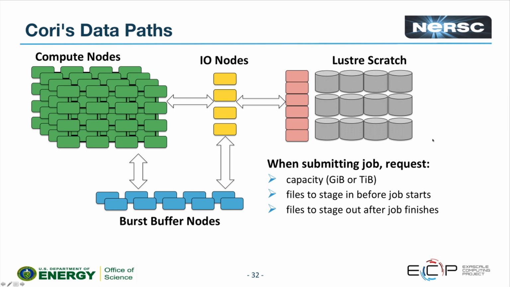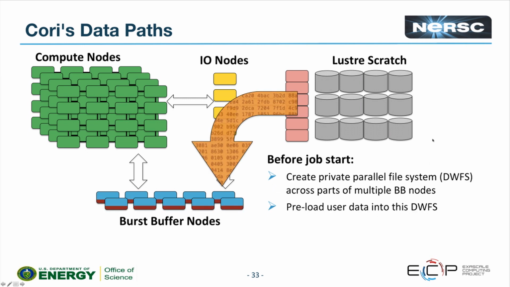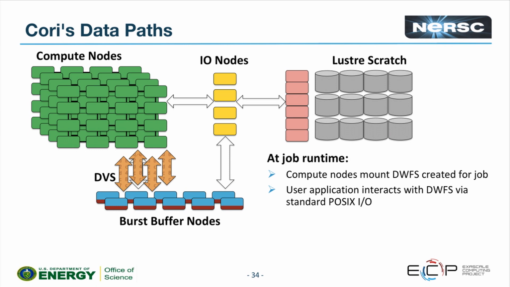If you specify the staging path, before your job runs, the data will first be loaded from the Lustre file system to the burst buffer nodes. And then your job starts to run on the compute nodes. At that time, your job can access the data on the burst buffer nodes. This is how it works.